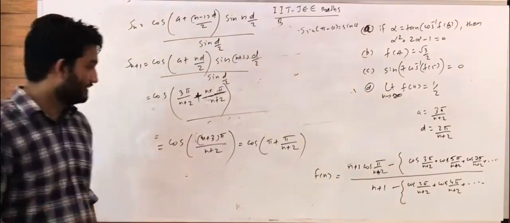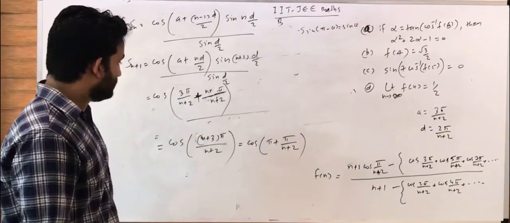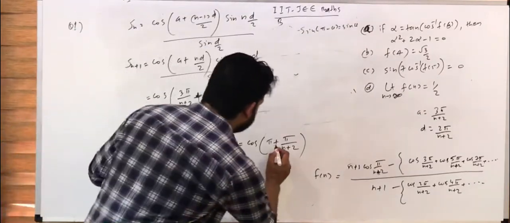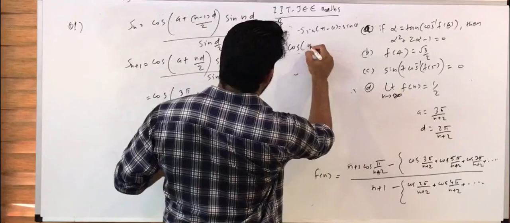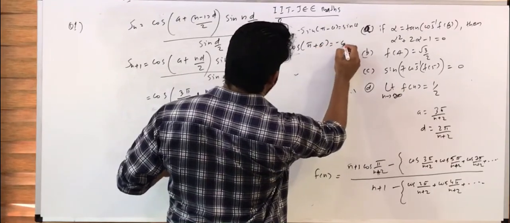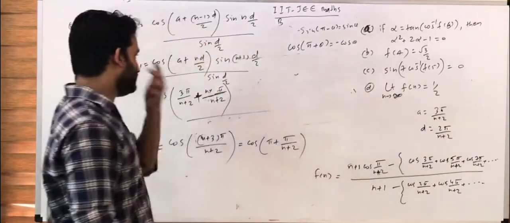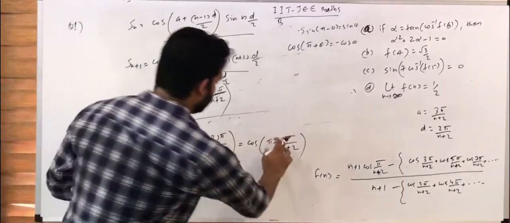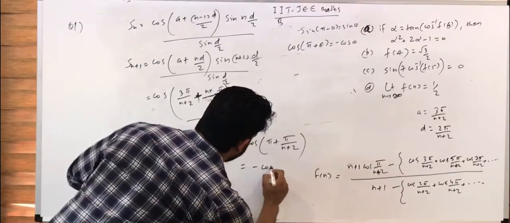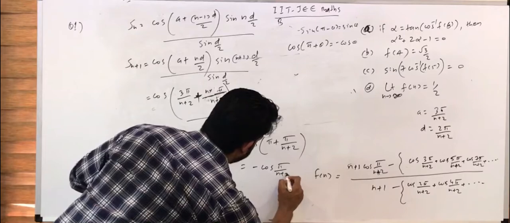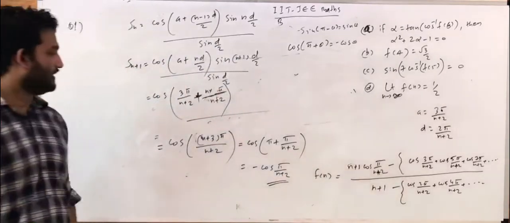Okay, what is cos of, we know cos of pi plus theta is equal to minus cos theta. So here this term will become minus cos pi divided by n plus 2. Okay.